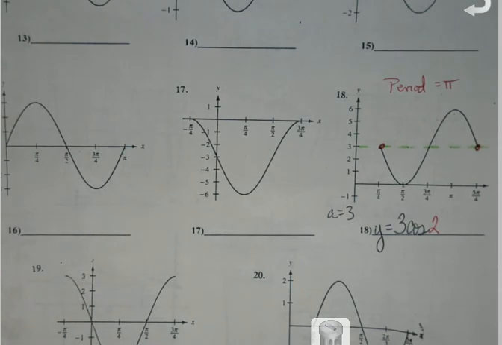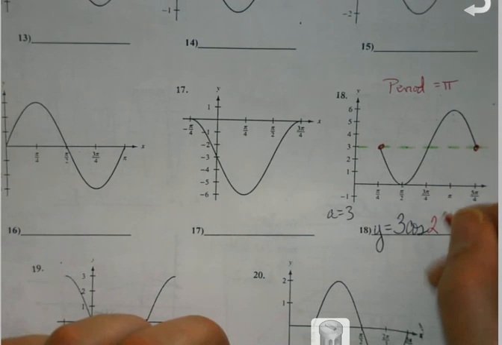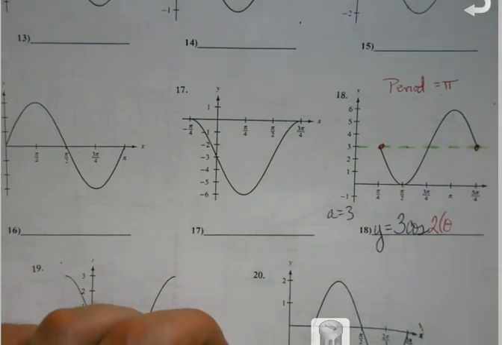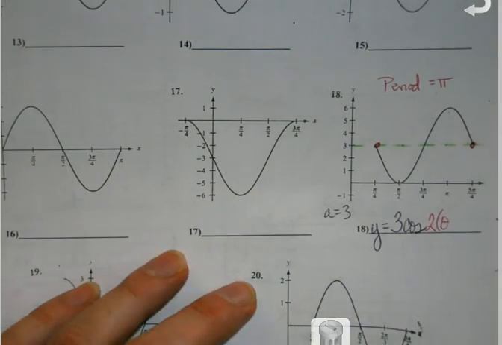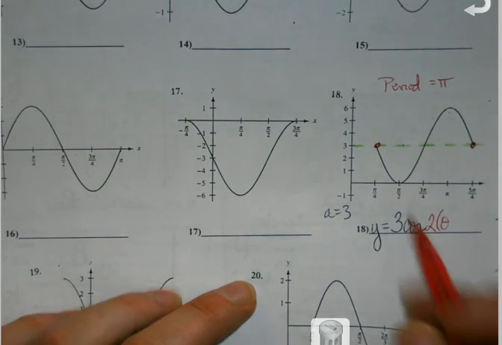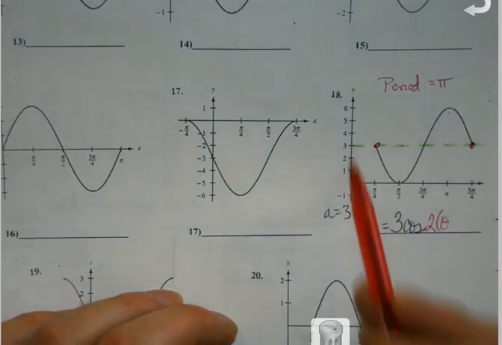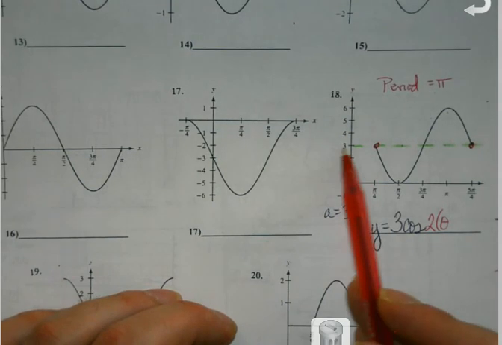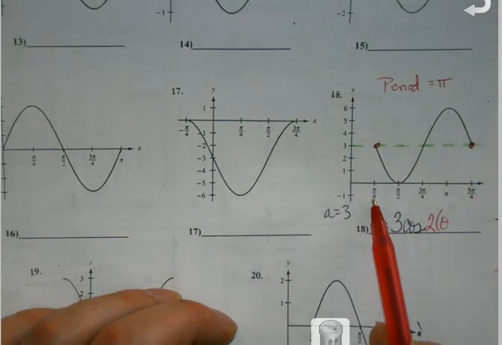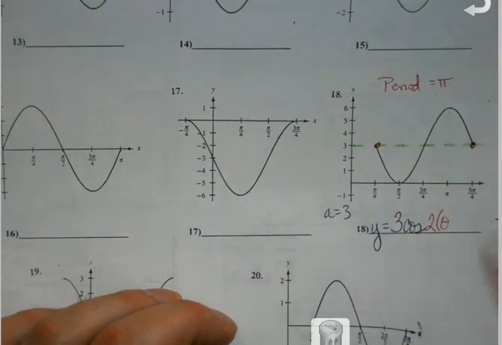So let's see here. Which way does it look like my graph has shifted? Okay, right. If I have a phase shift, normally most of my graphs are all starting here at 0, but it looks like I've shifted right pi over 4. So what symbol do I need in front of my pi over 4?